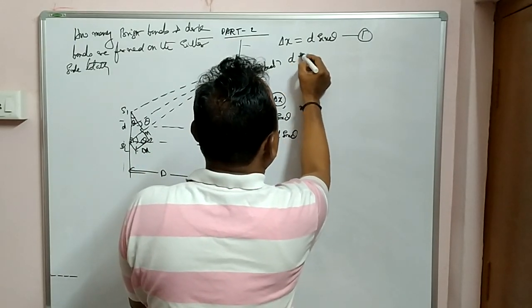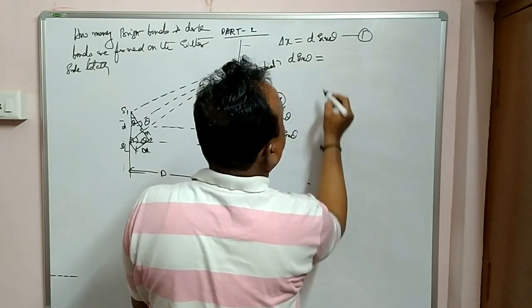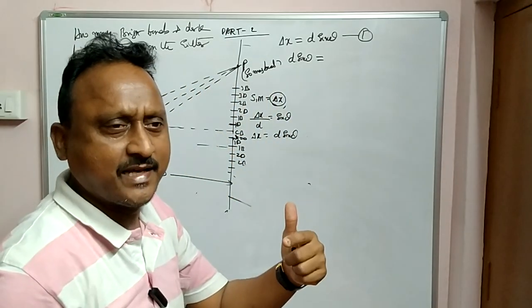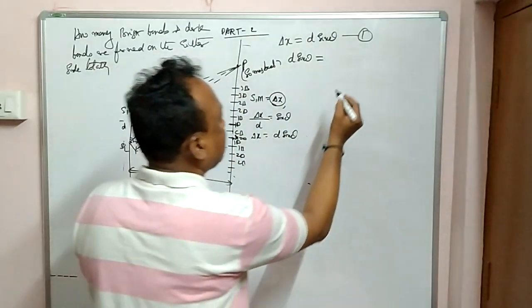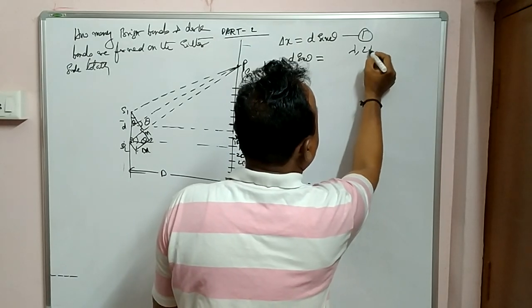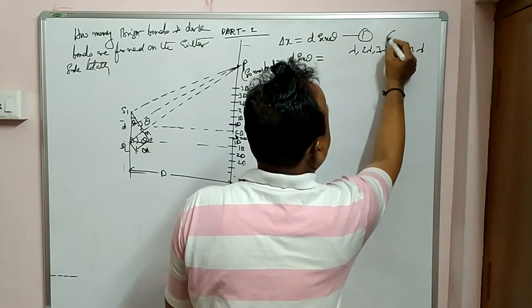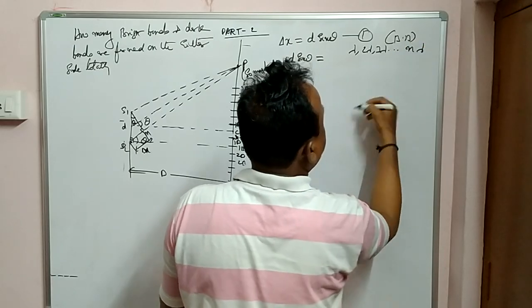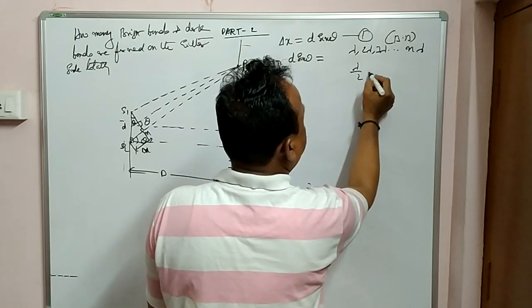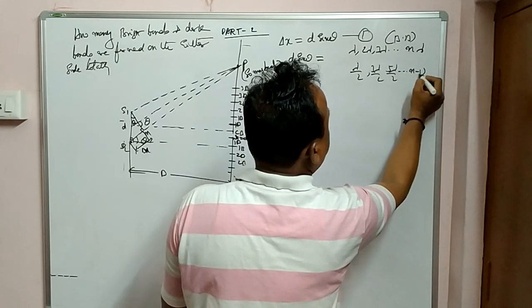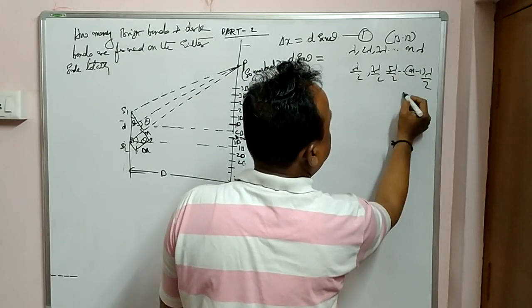And please make a note, what is d sin theta equal to? For example, for the first bright it is equal to the path difference, you know, lambda, 2 lambda, 3 lambda, n lambda for bright bands. Similarly for dark, lambda by 2, 3 lambda by 2, 5 lambda by 2, (2n minus 1) into lambda by 2. This is for dark bands.